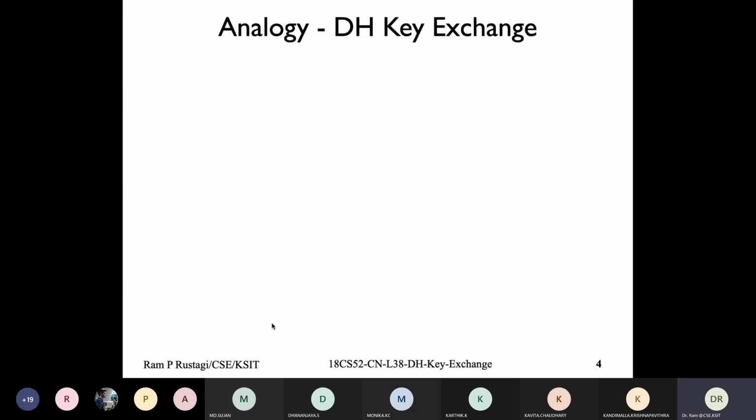Let's look at a simple analogy and assume that Alice and Bob want to share some secret key without prior knowledge, and the message has to go through a number of people. I have shown some people here, A and B. Whatever Alice communicates, these persons can see, but we're assuming that they're not eavesdropping or modifying, just transmitting. We'll look at that problem later, but currently assume it goes from Alice to person 1 to person 2 to Bob.